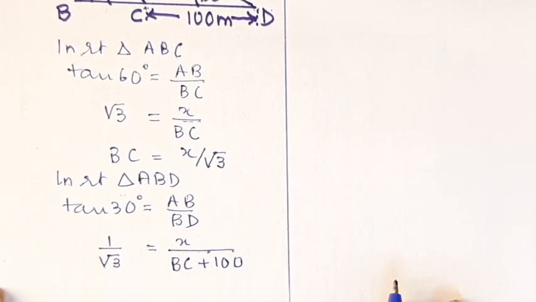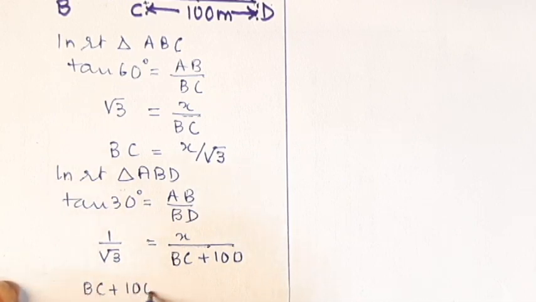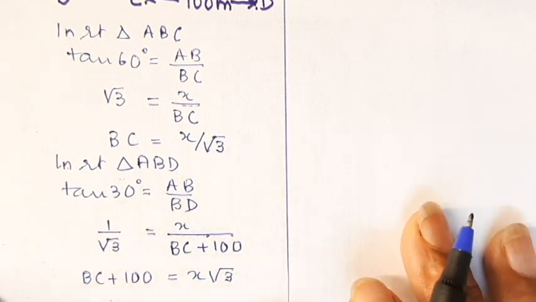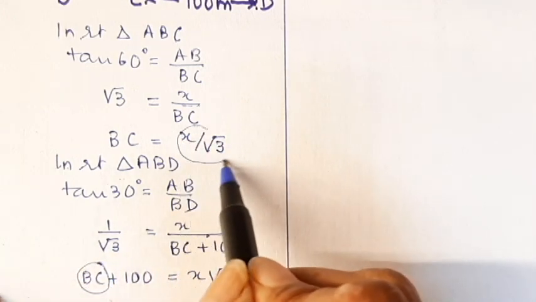Now let us cross multiply, because now it is just simple mathematics. If you cross multiply, you will have BC plus 100 is equal to X into root 3, which is X root 3. And now you will see that our BC is not any part of our question. So we will write the value of this BC, which is given over here.